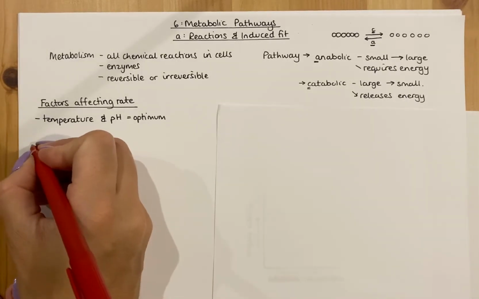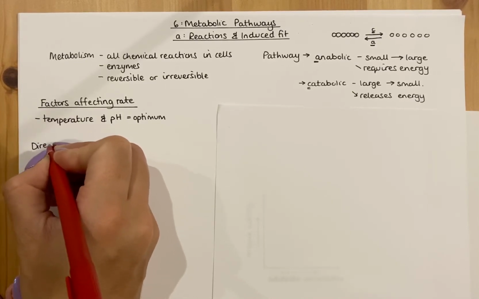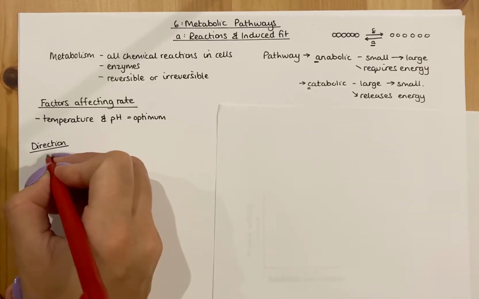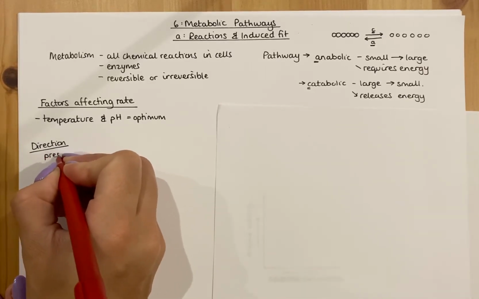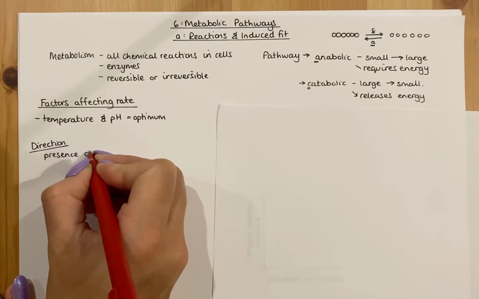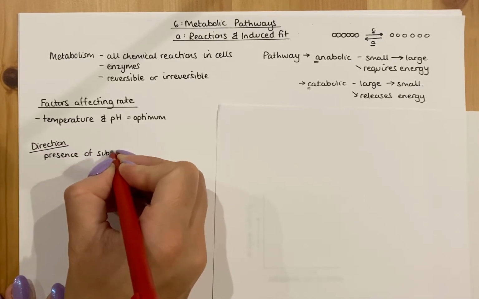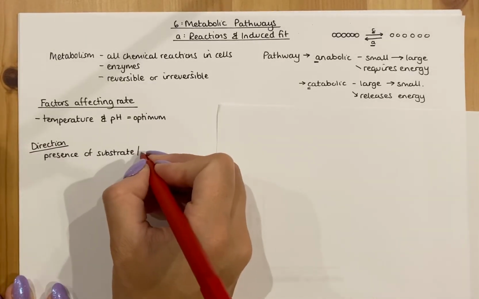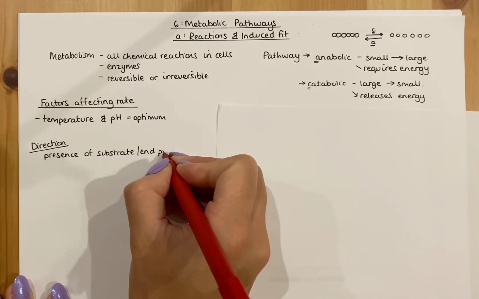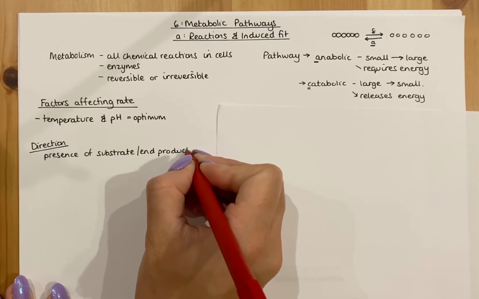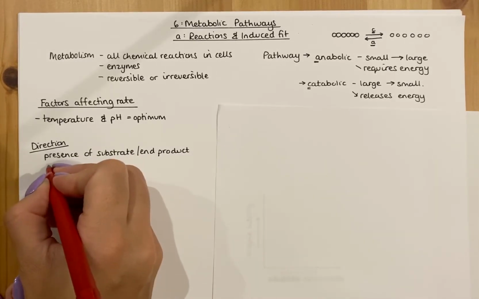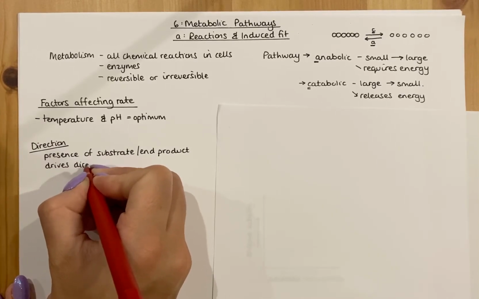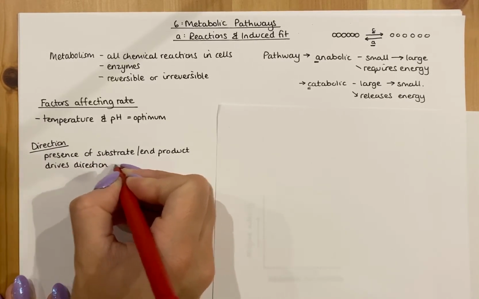So in terms of pushing a chemical reaction or an enzyme controlled reaction in a particular direction, the presence of a substrate would likely push it in one direction, or the presence of an end product would likely push it in another direction, and that means that they would drive the direction of a metabolic pathway.